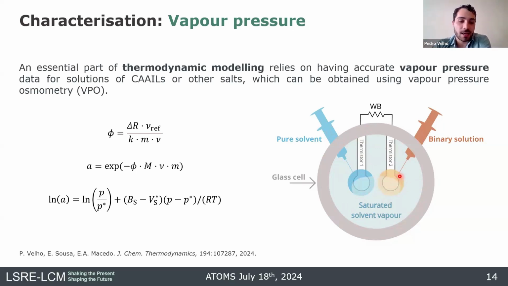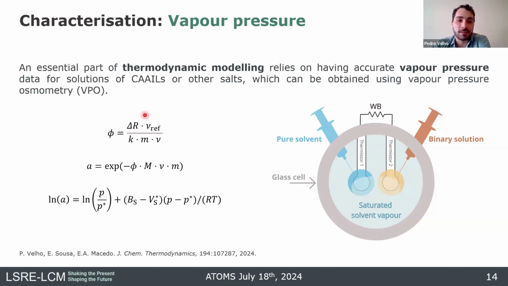What happens is that the presence of the electrolyte causes a decrease in the vapor pressure. Therefore, in this drop, we have a smaller vapor pressure. So the solvent starts to condense on this thermistor, increasing temperature. The osmometer then records the difference in temperature, which is converted to a resistance or to a signal in the Wheatstone bridge.